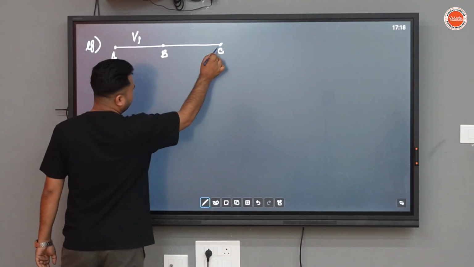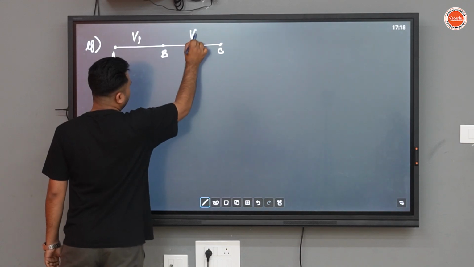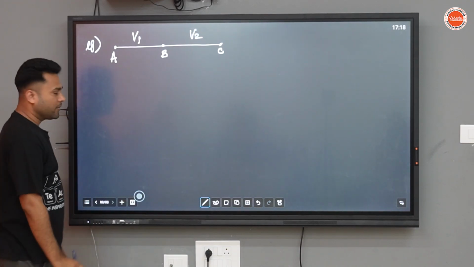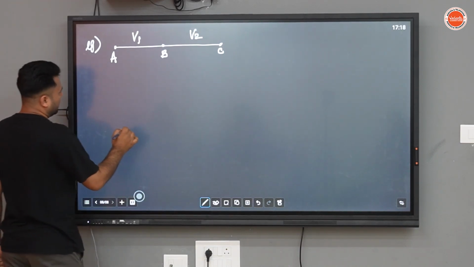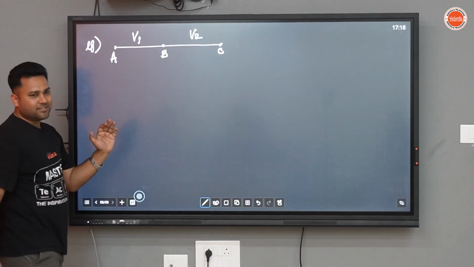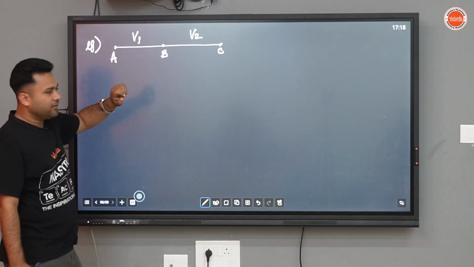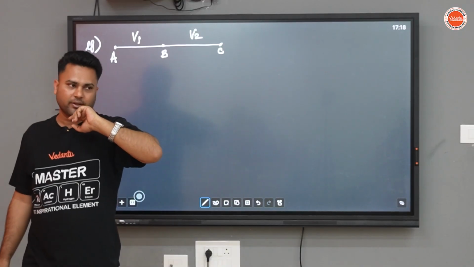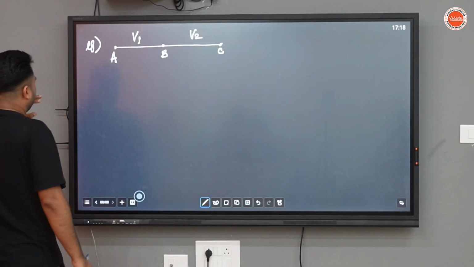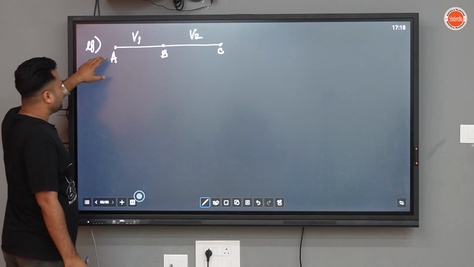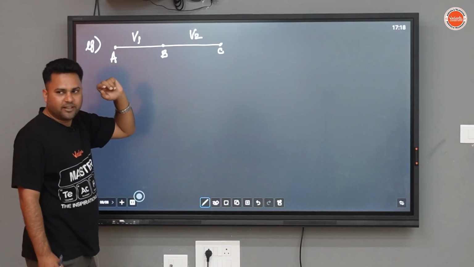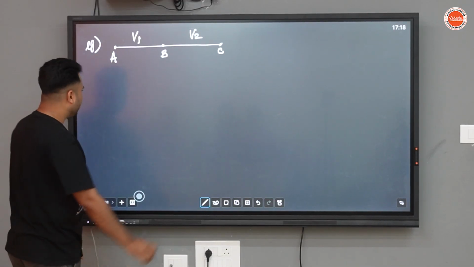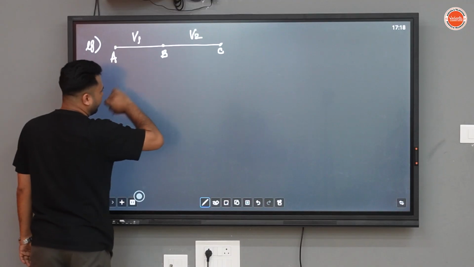And from B to C, it is traveling with V2 speed. So half of the distance it is traveling with V1 speed, the next half with V2 speed. They are asking, from A to C, what is the average speed?